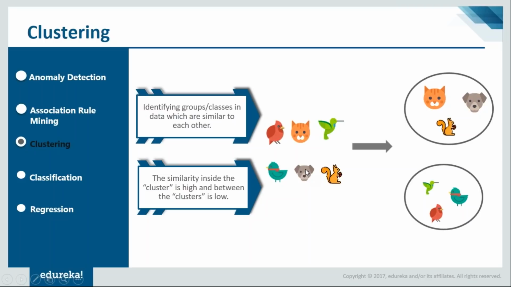But even then, the unsupervised learning algorithm is able to cluster them, on the basis of the similarities of these observations. It is only after the clustering has been done that we understand that all of the observations in the first cluster are animals and all of the observations in the second cluster are birds.